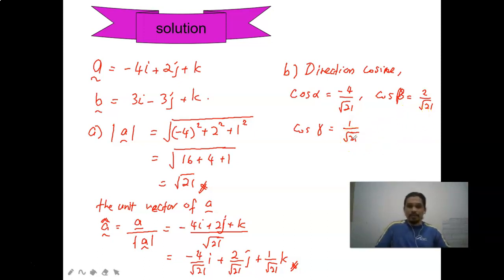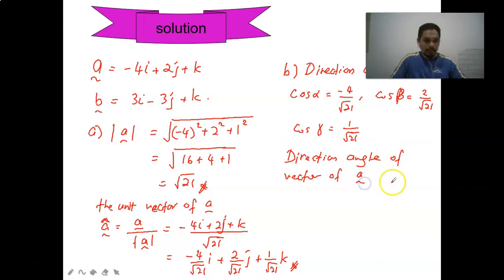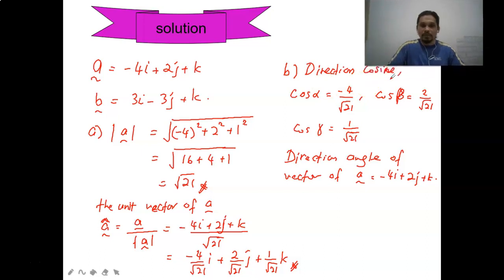Now the direction angle of vector A, which is negative 4i plus 2j plus k. Actually, we get all the answers from here.